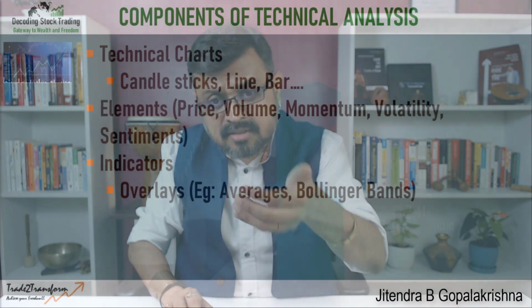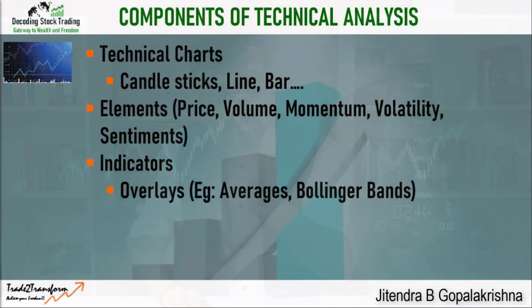On top of the price, if you plot some more elements using an indicator, that's called an overlay indicator. As an example, plotting averages, plotting Bollinger Bands. We will study these deeply in the next module. That is called overlay, which means it lays on top.